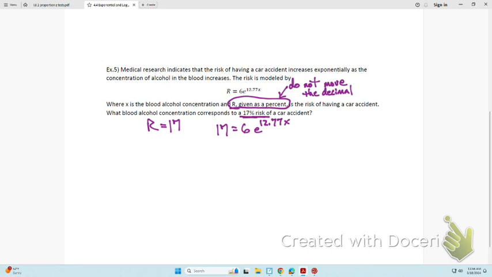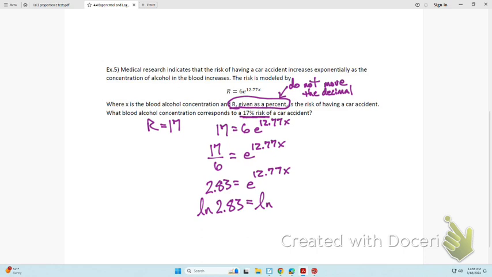That means isolate e, so we divide both sides by 6. And you get 2.83. I like the natural log of both sides. That's how I learned to do this. Remember there was that red way I showed earlier where you put it into log form.